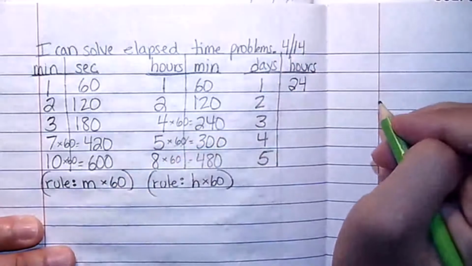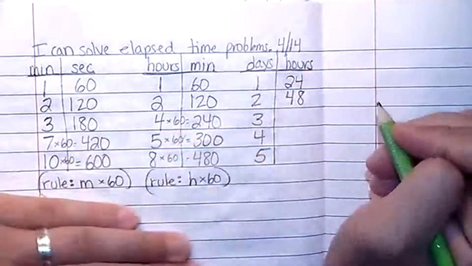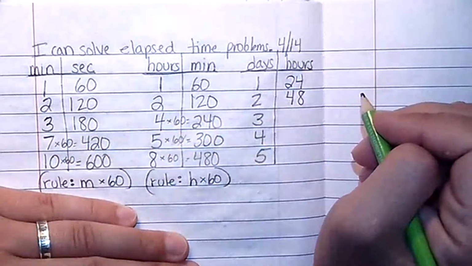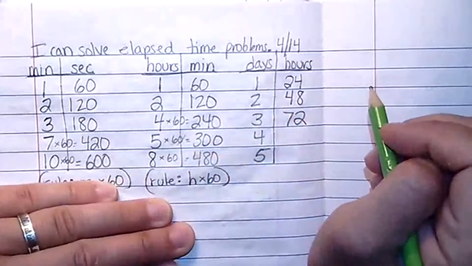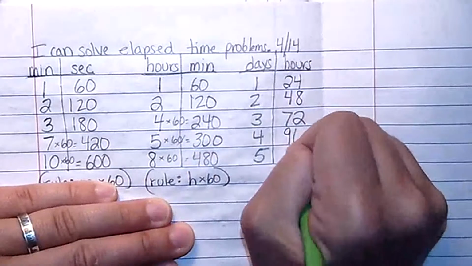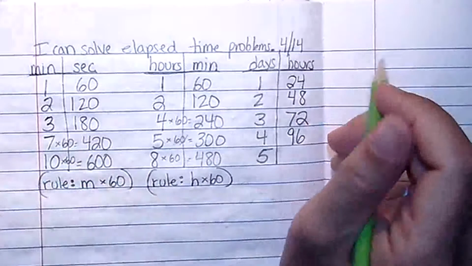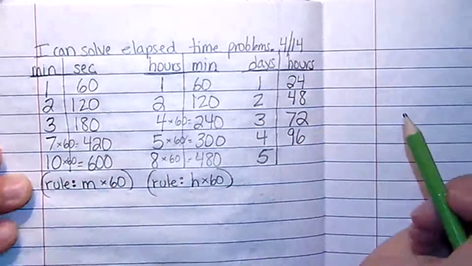So in 2 days, there are 48 hours. In 3 days, we have 72 hours. In 4 days, I have 96 hours. Really, all I'm doing is I keep adding 24 and adding 24 and adding 24.